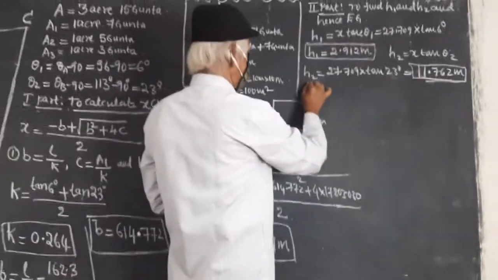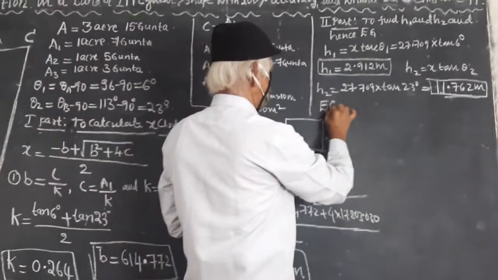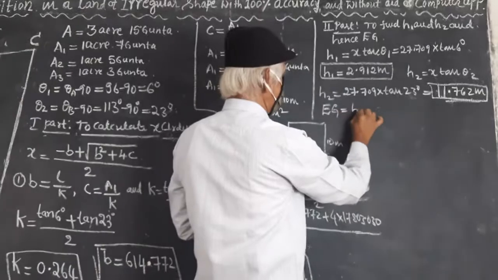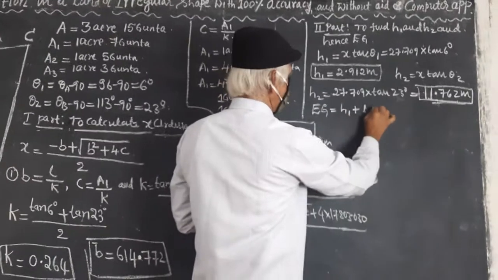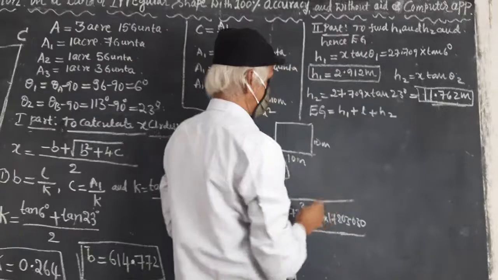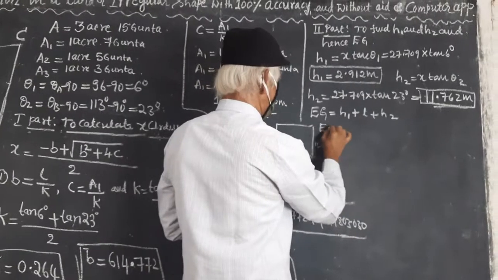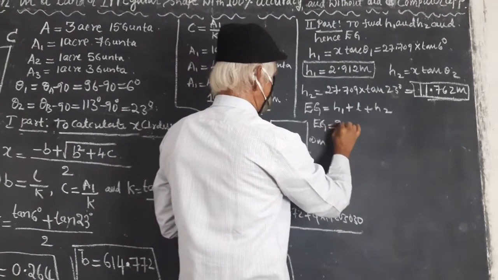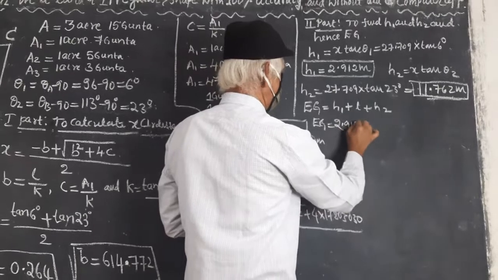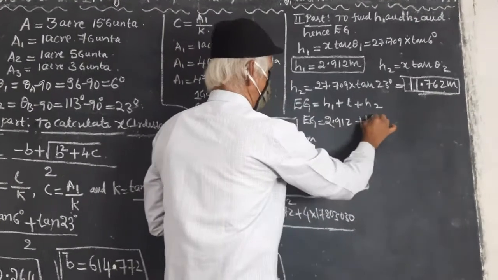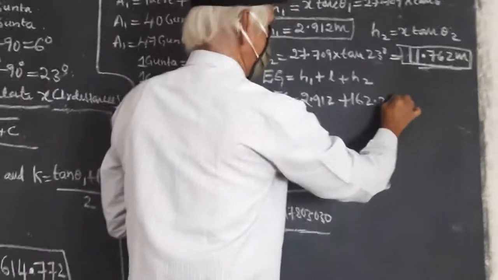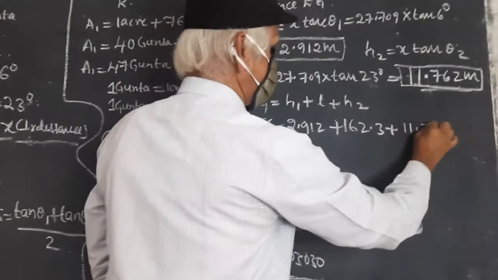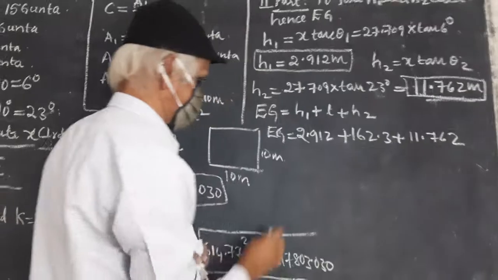The next is the length of the line of division EG, which is equal to H1 plus L plus H2. So you just substitute H1 is 2.912, L is of course 162.3 and H2 is 11.762.